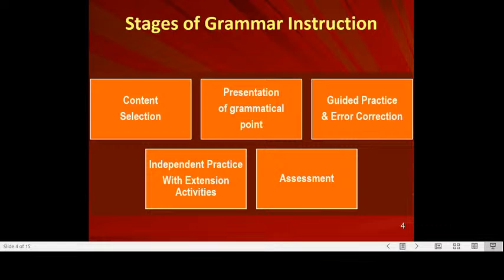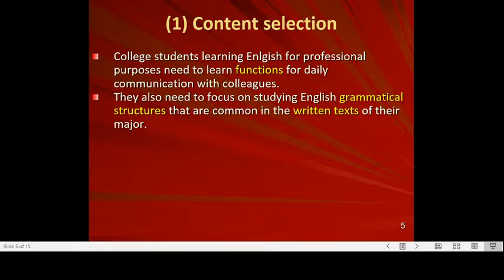My model consists of 5 stages. The first one is content selection, presentation of a grammatical point, guided practice and error correction, independent practice with extension activities, and assessment. I'm going to talk about stage 1, which is content selection.